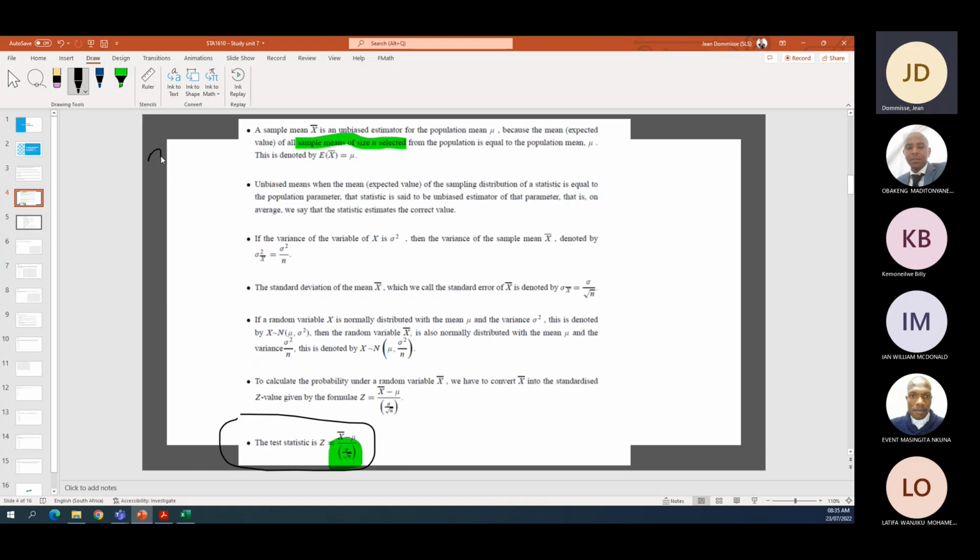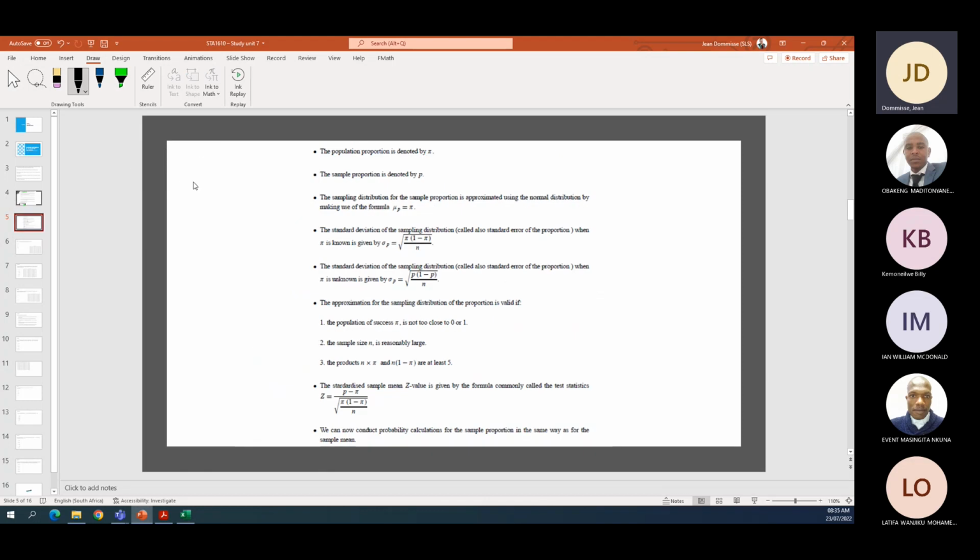And then the same, so this was for the mean. So let me just add that. This slide is all about the mean, and then the next one is all about proportion. And in proportion, we have a similar type of calculation. We'll get to it also when we get to some of those questions.